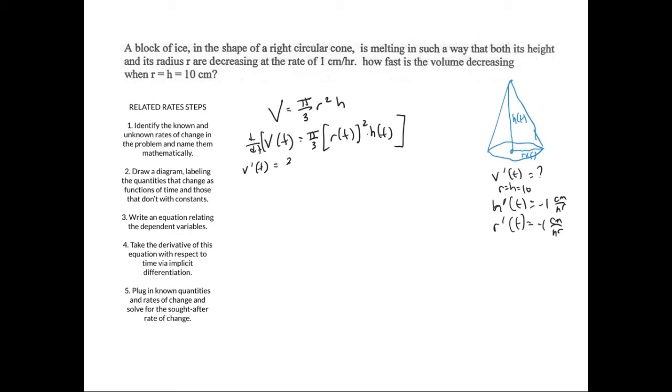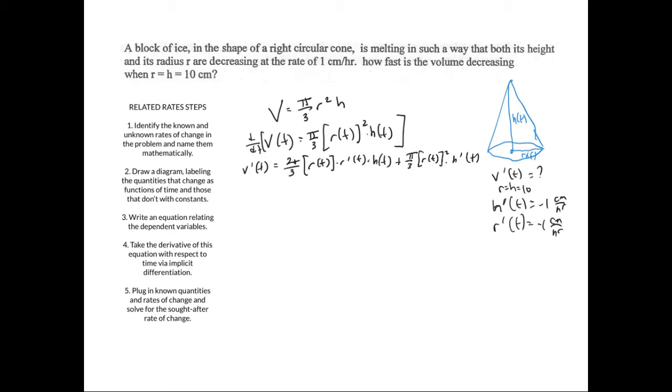So I'd bring down the 2, leave the r of t alone, reduce the power by 1, multiply by the derivative of what's inside, times h of t. That would be the derivative of the first, times the second, plus pi over 3 r of t squared times the derivative of h of t, which is h prime of t.